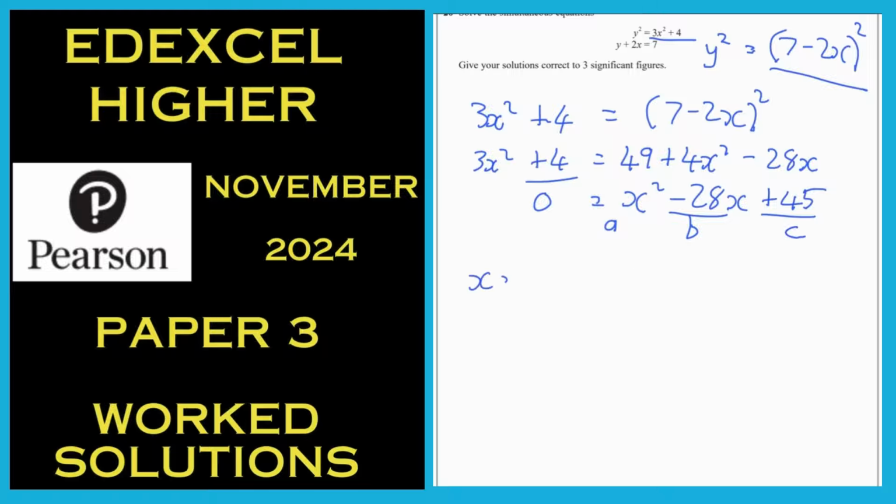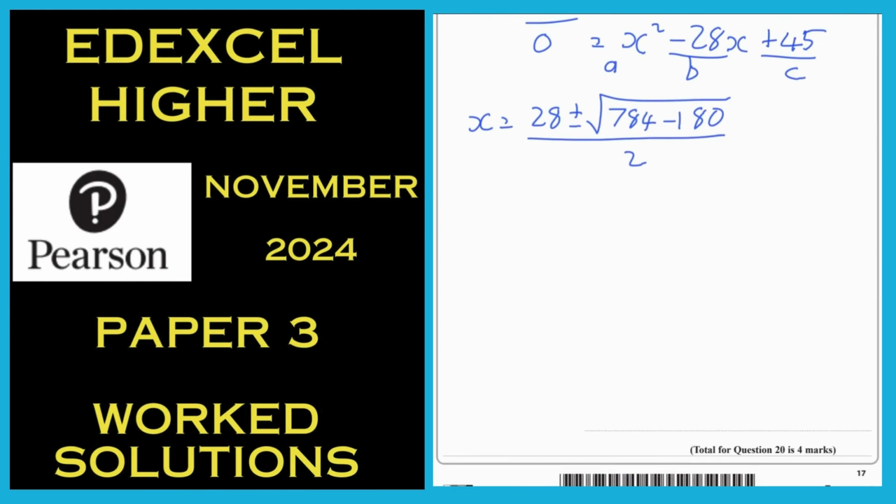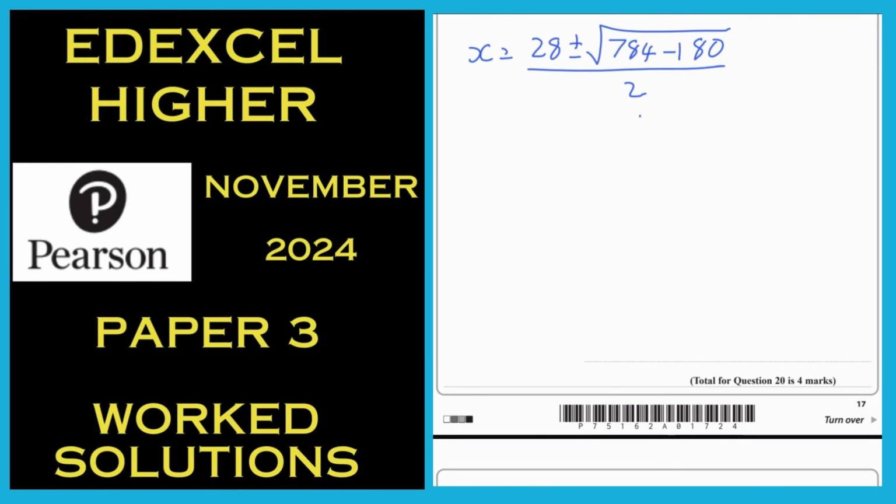So your quadratic formula should be looking like minus B, so change the sign, plus or minus the square root of B squared, which becomes 784, minus 4 times 1 times 45, all over 2. This is where I'm a big fan of splitting your page. Grab your calc, do 28 plus the square root of all that, hit equals before you divide it by 2.